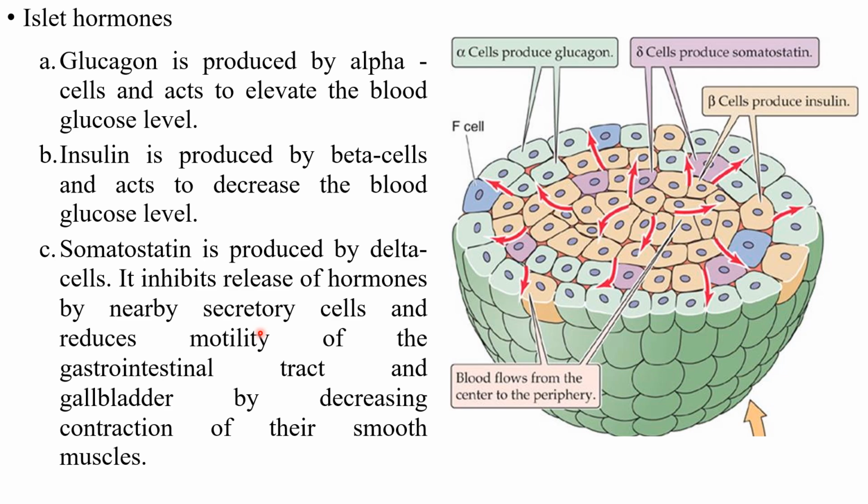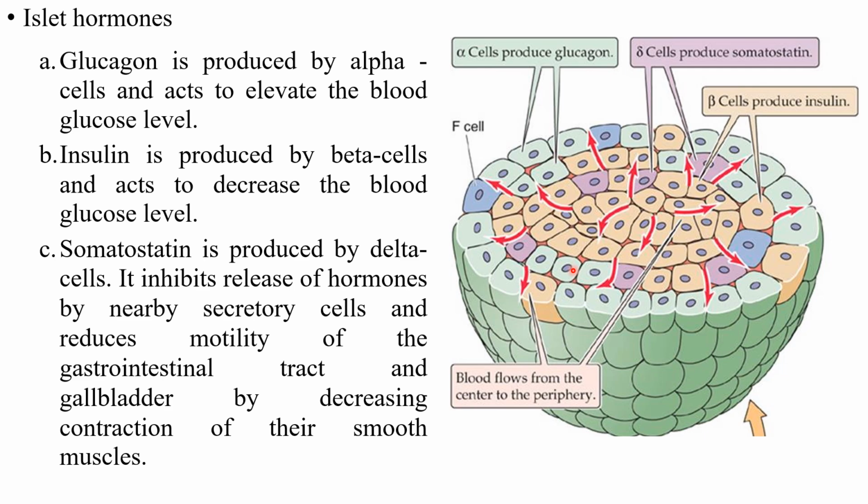There are three types of very important and conspicuous cells present in the islets of Langerhans. These cells are named alpha cells, beta cells, and delta cells.